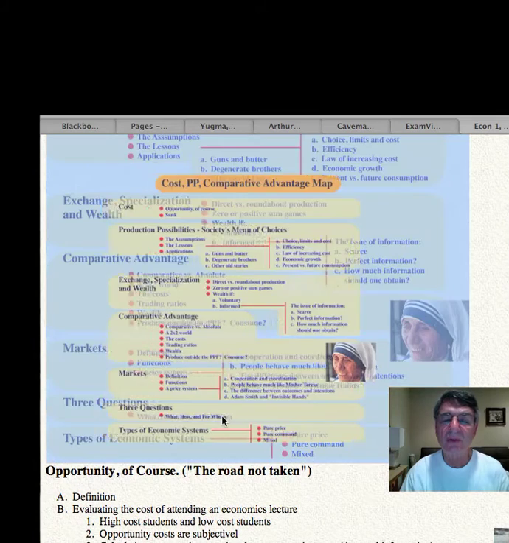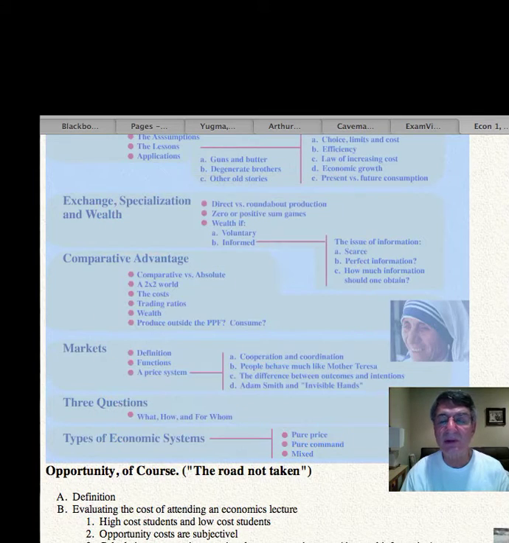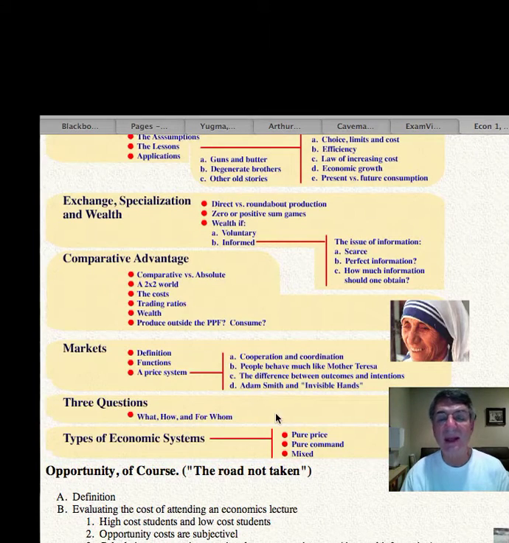And then finally, the for whom question says, okay, we've produced it. Who's getting it now? Who will receive the goods? So that's the what, how, and for whom question, and then the chapter ends with a discussion of a pure price system, that's a pure capitalist system, versus a pure command system, which is sort of a very socialist system.